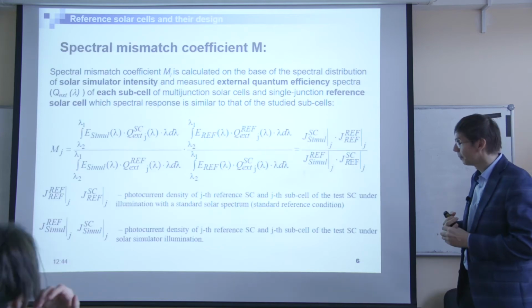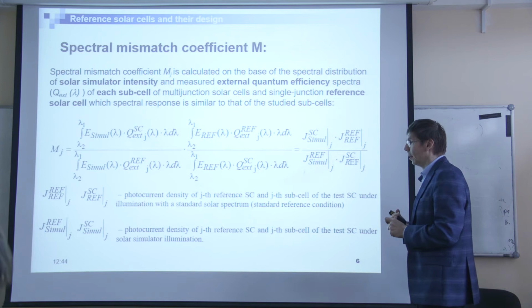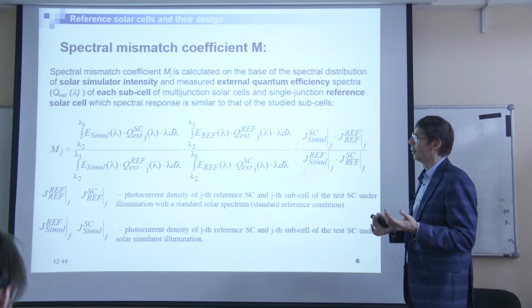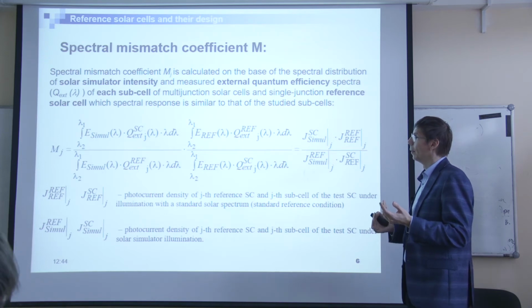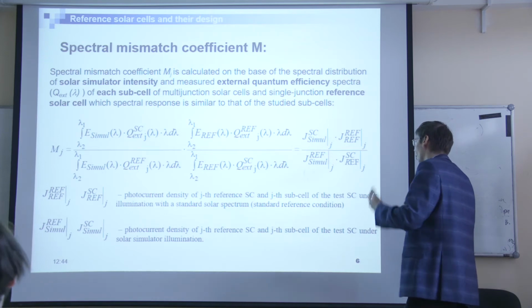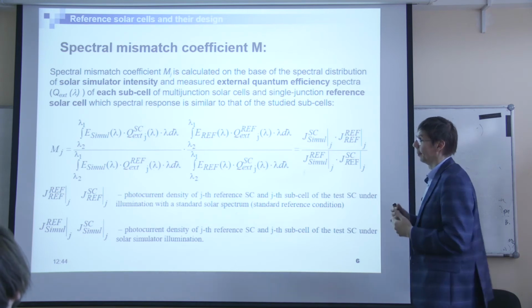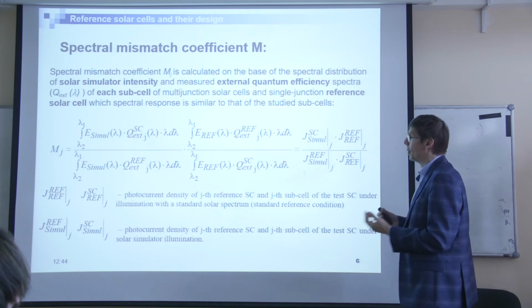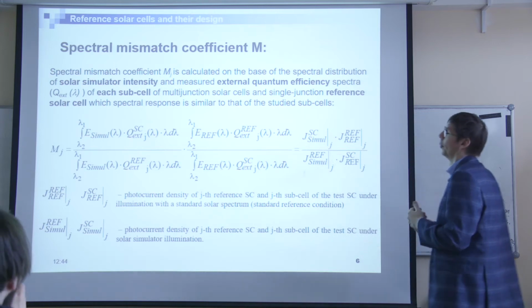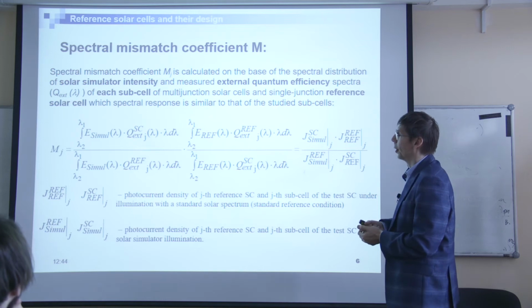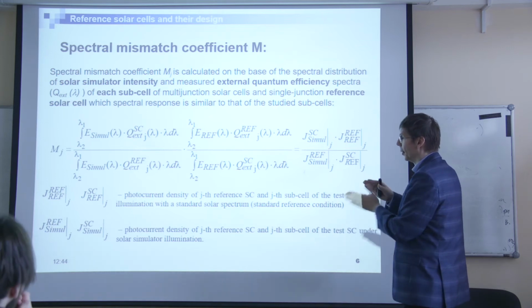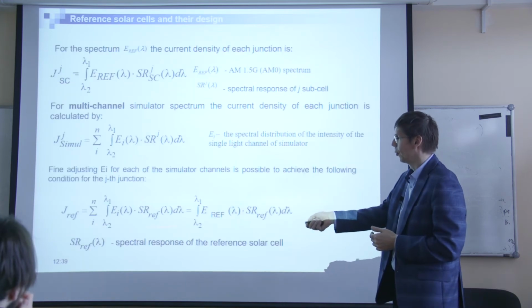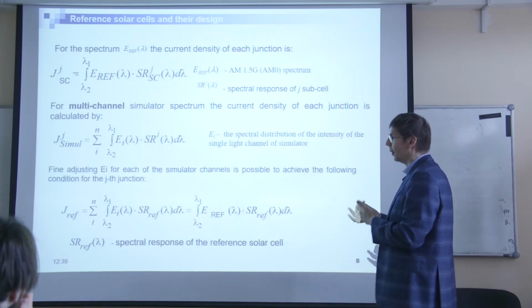But if you have only one channel, or if you want to estimate what is the error, some reasonable range, because just to be equal, it's always a question, what does it mean equal?